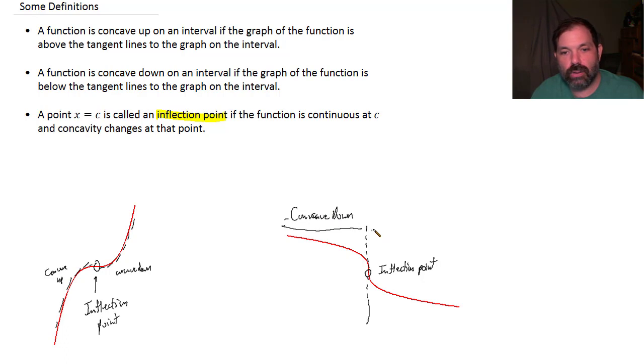And then to the right of that inflection point, the curve is concave up. So if the function is continuous at that point c and the concavity changes at that point, either from concave up to down or concave down to up, we call that an inflection point for the curve.